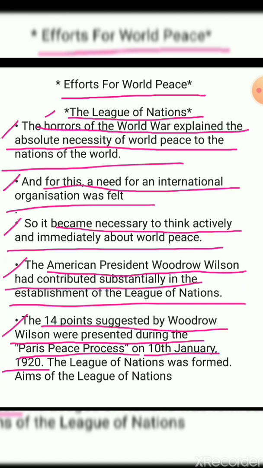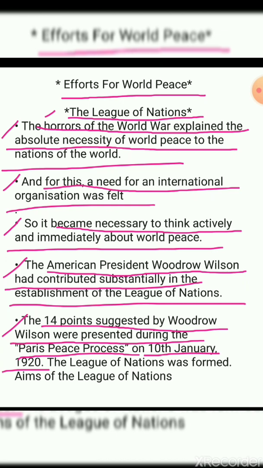The 14 points suggested by Woodrow Wilson were presented during the Paris peace process on 10th January 1920. The Paris peace process was seen as the Treaty of Versailles, which was signed by Germany, because Germany was an Axis nation and the Allied nations won the war. Germany surrendered in front of the Allied nations and was made to sign the treaty. The 14 points were mentioned in it.